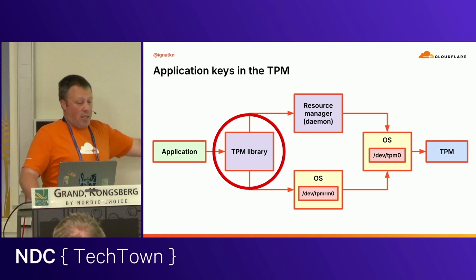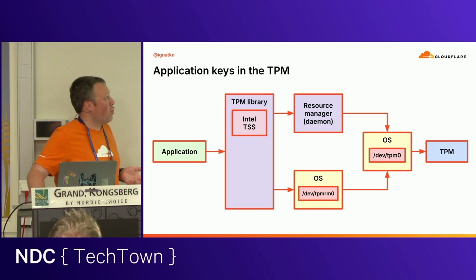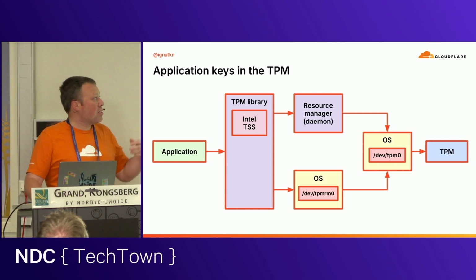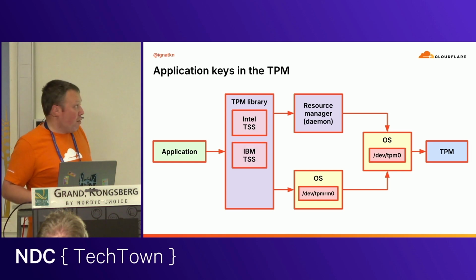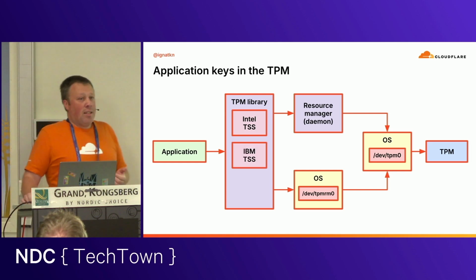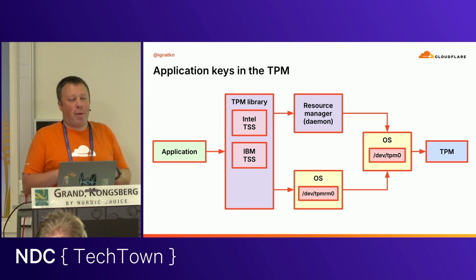Now let's zoom into the TPM library, and the ecosystem is not great there either. We have two major competing implementations: the Intel TSS, Trusted Software Stack, and the IBM TSS, Trusted Software Stack. The problem is they have completely incompatible APIs.